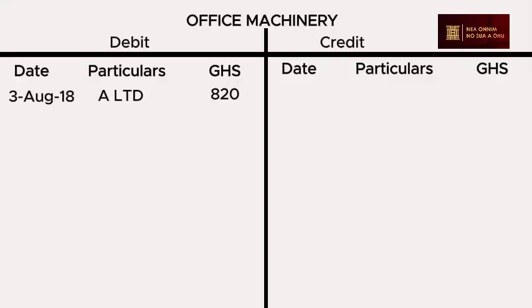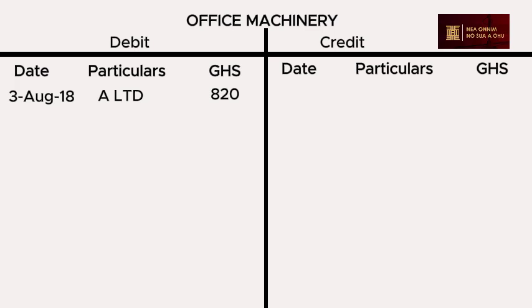Now let's look at office machinery. Office machinery also has 820 Ghana cedis on the debit side, and on the credit side, there is zero. What that means is there's a deficit of 820 Ghana cedis on the credit side.